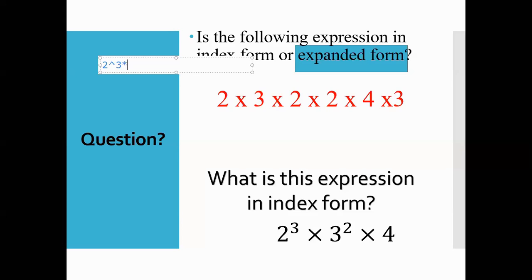So 2 to the power of 3 times 3 to the power of 2 times 4. Okay, so if you had something that looks like this, you are correct. Okay, let's continue.